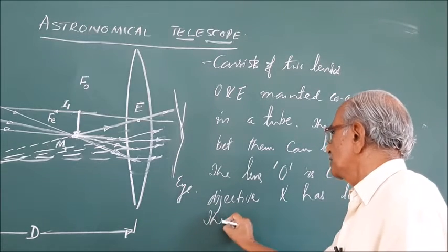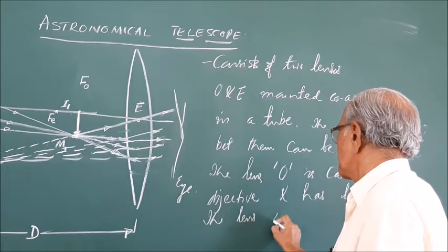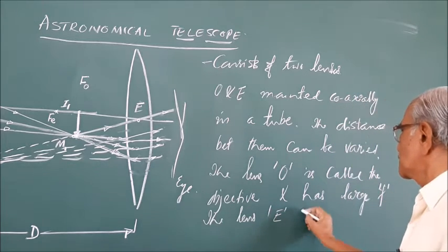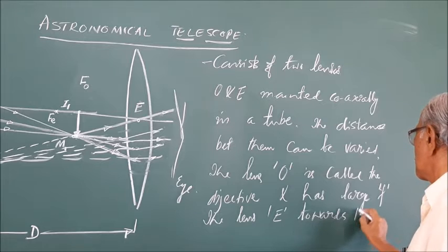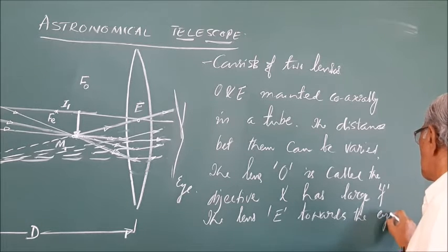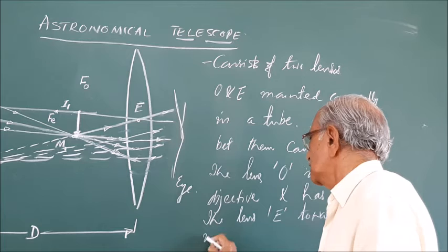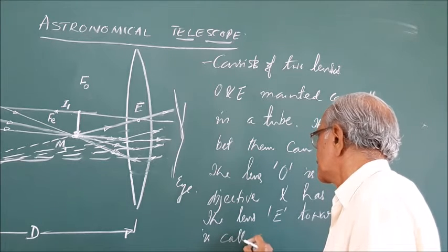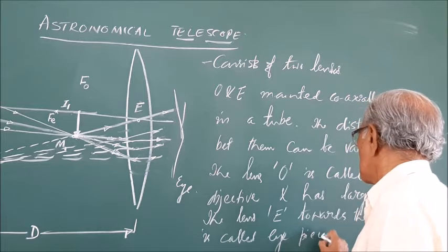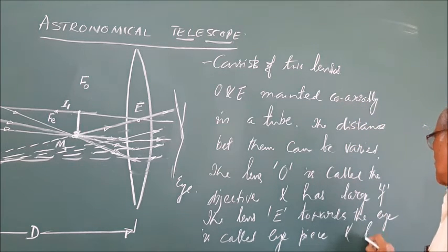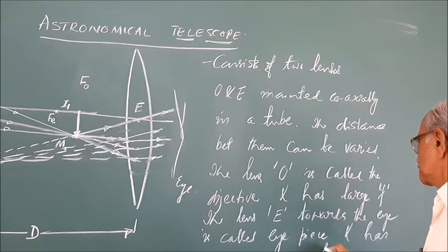The lens E, towards the eye, is called the eyepiece, and has very short focal length.